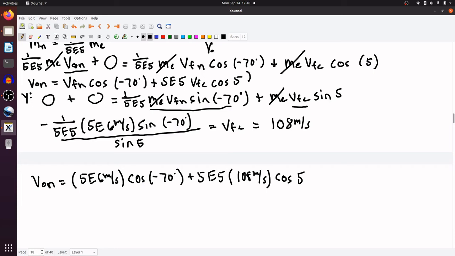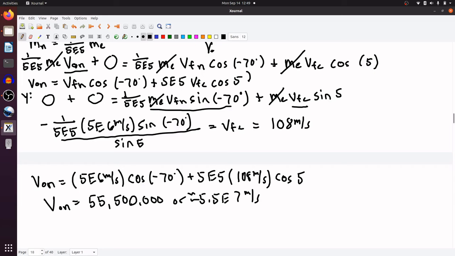And that gives me a very large number, 55,500,000, or 5.5e7, roughly, meters a second.